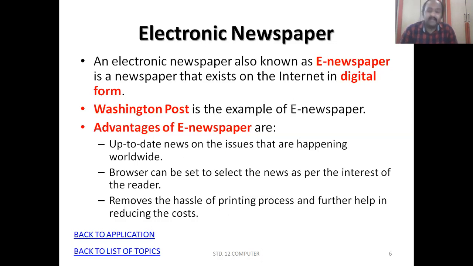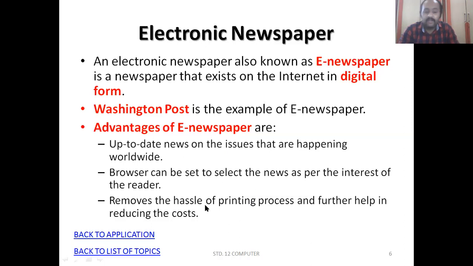Some of you want to read the news on political issues. तो हम अपने इंटरेस्ट के हिसाब से जो ऑनलाइन न्यूज एप्स है वहां पे हम सेट कर सकते हैं. सी देयर आर सम एप्लीकेशंस अवेलेबल जहां पे आप अपना इंटरेस्ट सेट करो तो that app will provide you news only related to your interest. So browser can be set to select the news as per the interest of the reader.